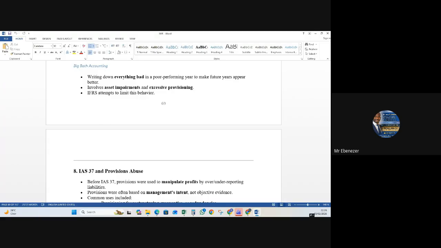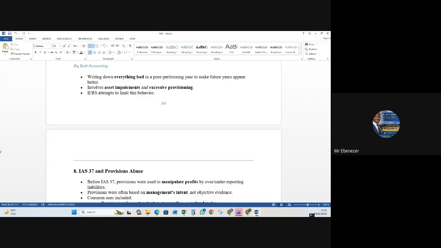When you over provide for a particular period, it could be provision for bad debt, and you provide excessively just because you want to make this period bad, and then give us a prospect that you have a brighter future. That is it. All right. So that is what we are saying, that all these IFRS that we have, they've treated it.